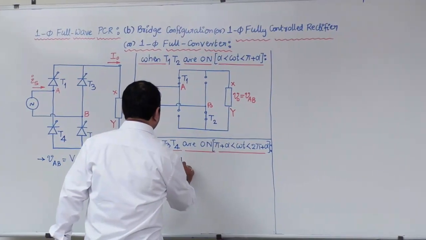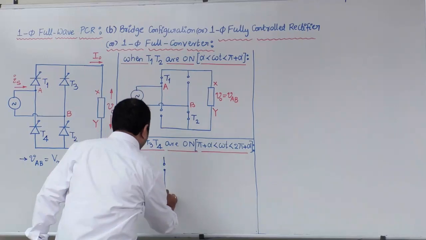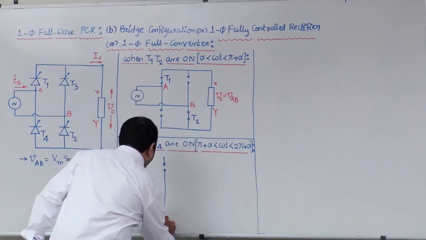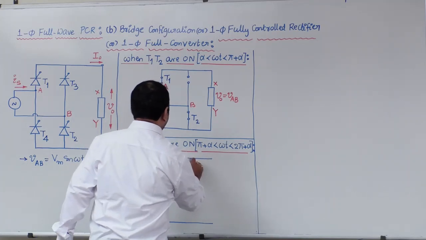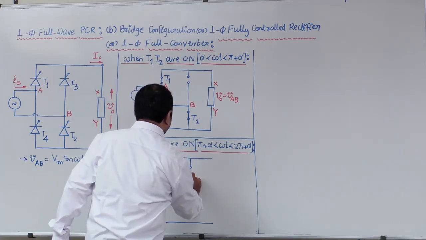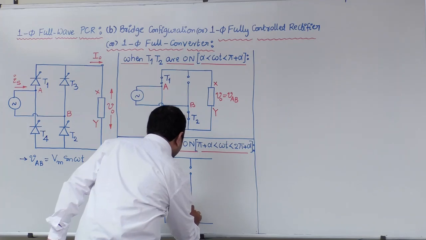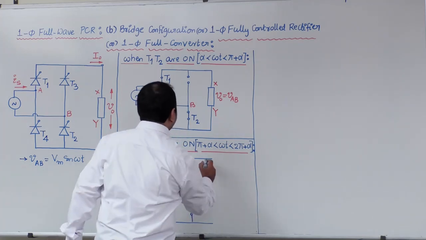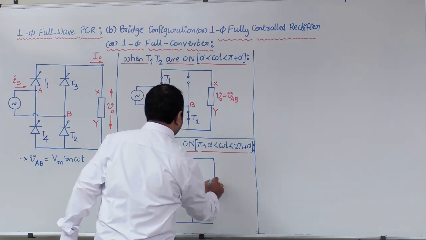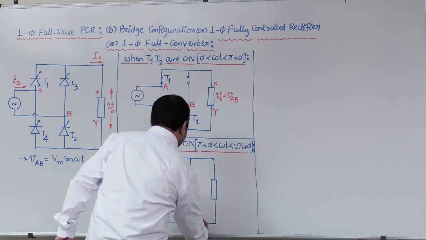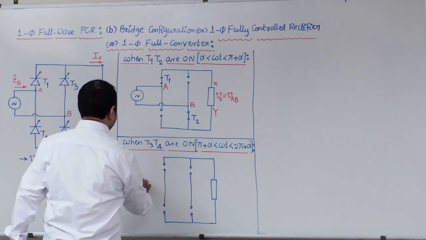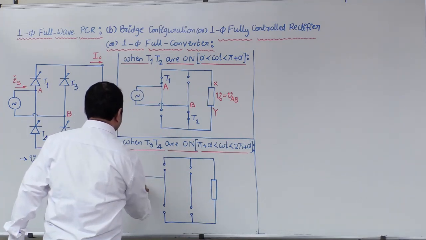Again draw the bridge circuit by opening all 4 devices, and after that, as per the conduction, we can close those 2 devices.